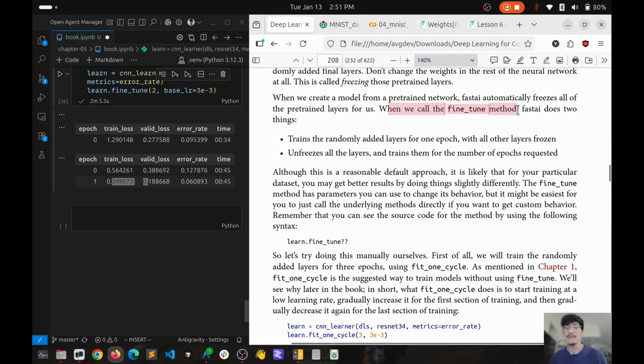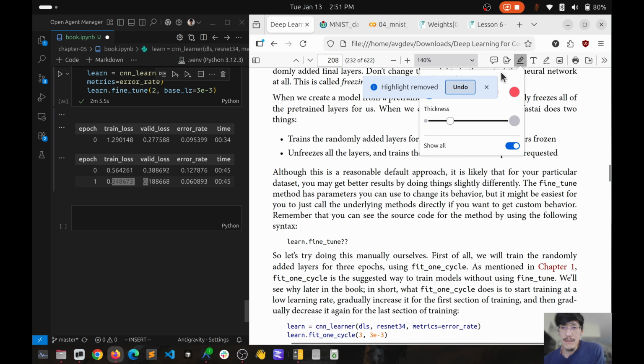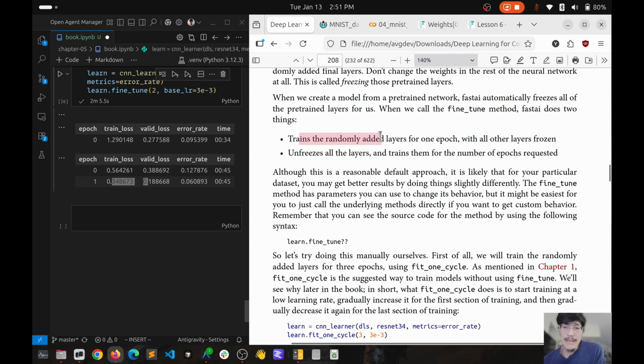When we call the fine-tune method, fastai does two things. It trains the randomly added layers for one epoch with all other layers frozen, then unfreezes all the layers and trains them for the number of epochs requested.